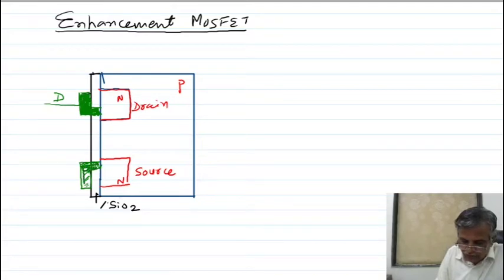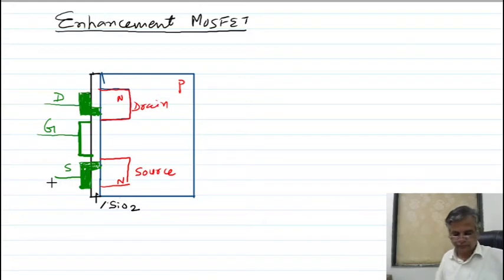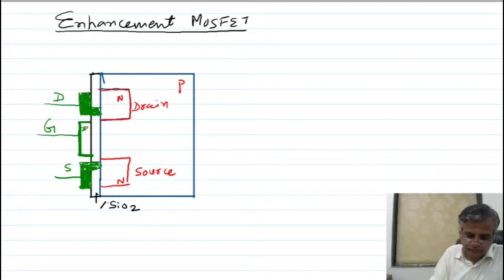This is your source. And here they have kept aluminum metal. It is called the gate. Look here, all of this is aluminum I am showing you.